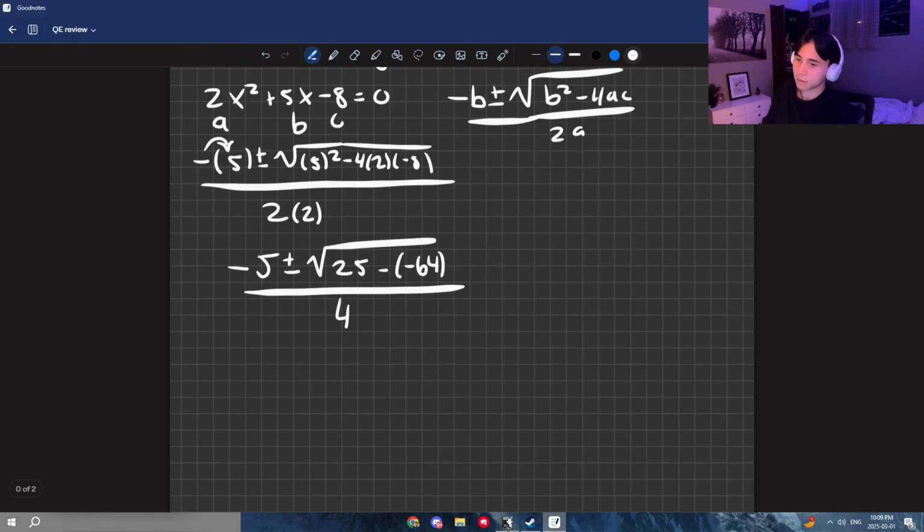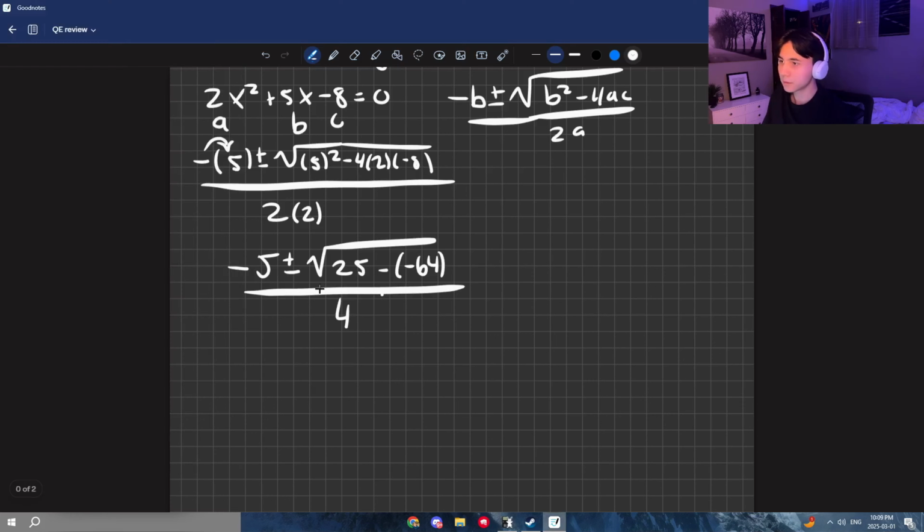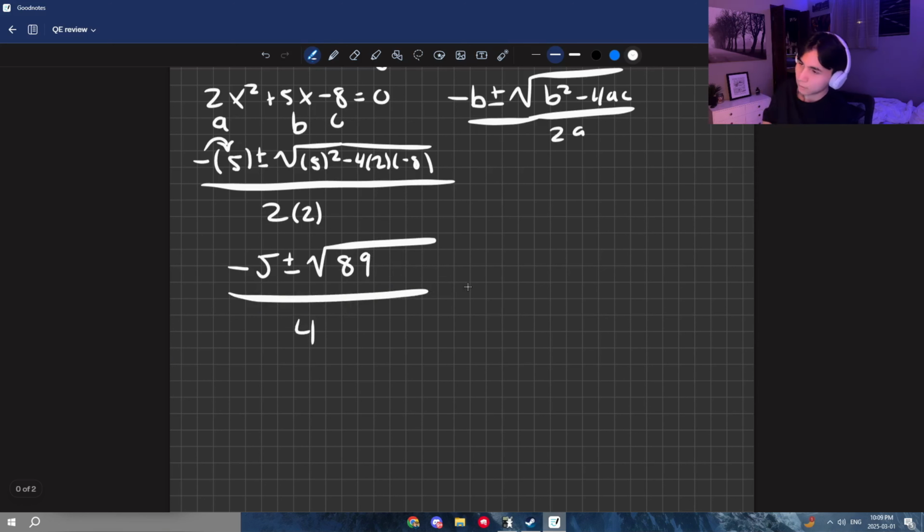Now 25 minus negative 64 gives us the root of 89, all over 4, is equal to x.